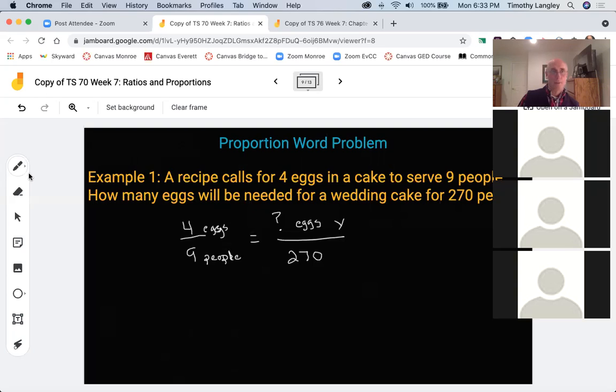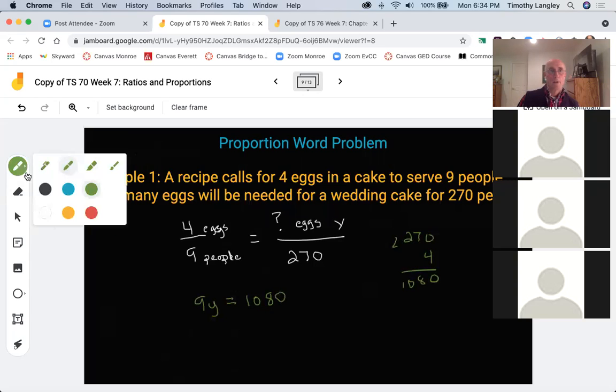So at this point, we're just going to do the exact same thing we have been doing on the previous one. We're going to cross multiply: 9y equals 270 times 4, which is 1,080. Big number, but you can use a calculator here.